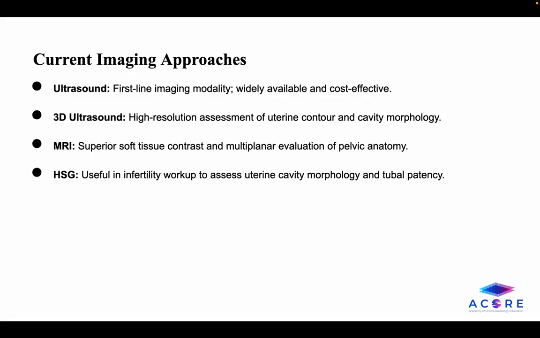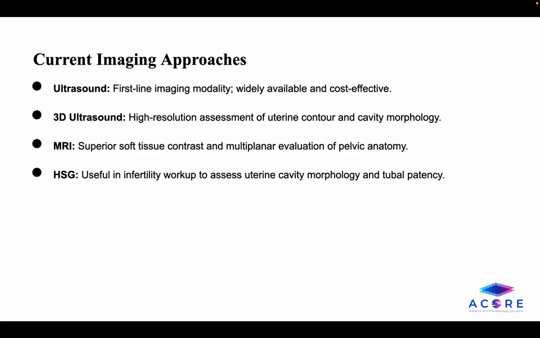So some current imaging approaches include ultrasound, which is typically the first line because it is inexpensive, widely available, and non-invasive. Specifically, 3-dimensional ultrasound can provide improved visualization of both the external uterine contour and the endometrial cavity.